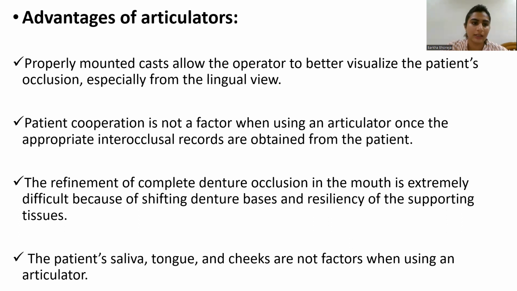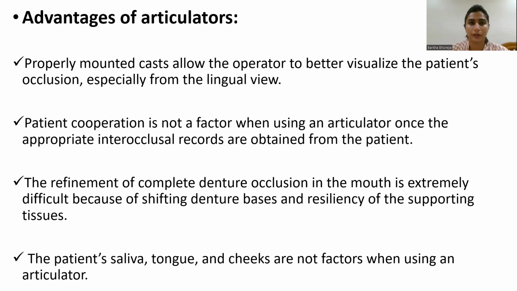The refinement of complete denture occlusion in the mouth is extremely difficult because of shifting of denture bases and resiliency of supporting tissues. Now, the meaning of this line is when we are at the end stage of complete denture, we are delivering and we have to do the selective grinding of the occlusion inside the mouth.